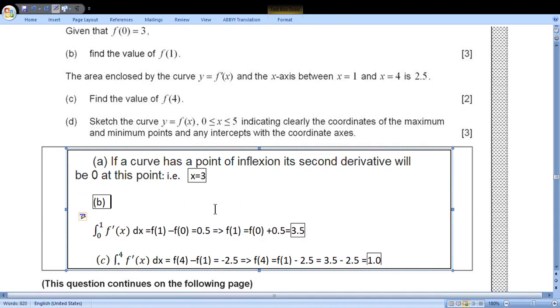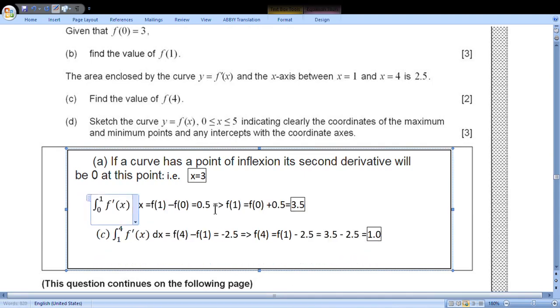Doesn't matter. Right, so B we found, now C.